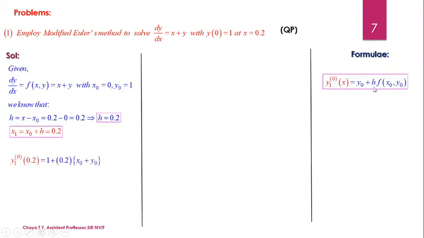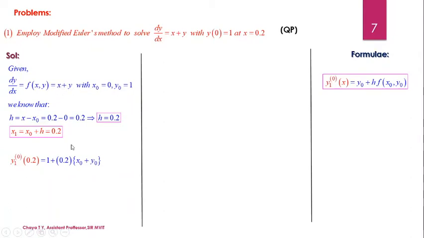So when I substitute the values into the RHS, I get the value of y1 in the 0th stage at the point x equals 0.2 is equal to y0, which is 1, plus h, which is 0.2, times f of x0, y0. So what is f of x, y? I have it as x plus y.